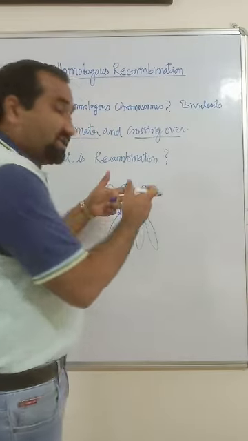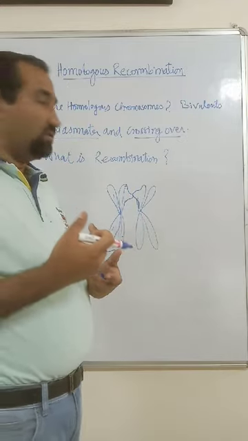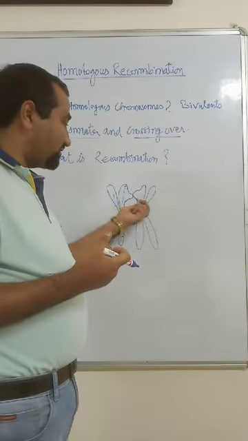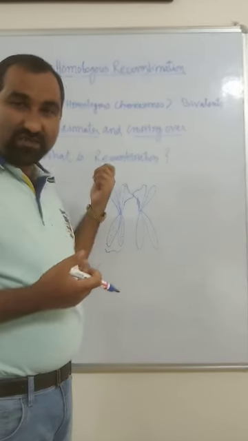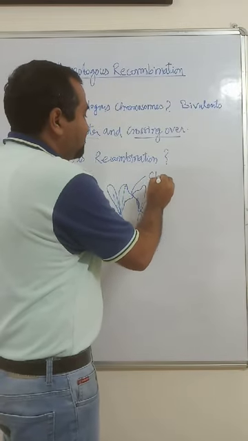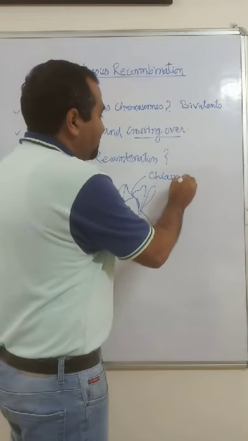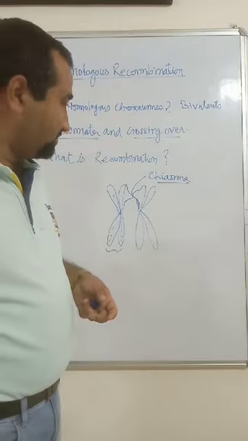This cross-like connection is actually the process of recombination, that is exchanging. Some part of this chromosome will be translocated here and some part of this chromosome will be translocated here. So this cross-like connection is known as chiasma, that is chiasmata, a cross-like formation.